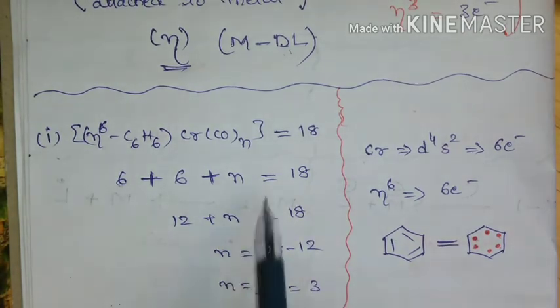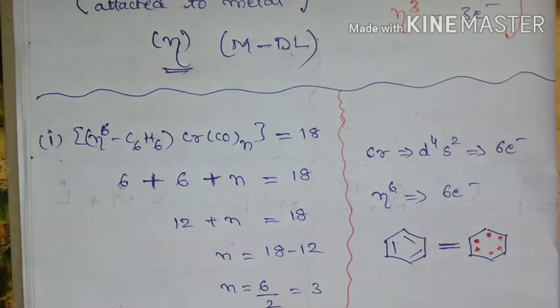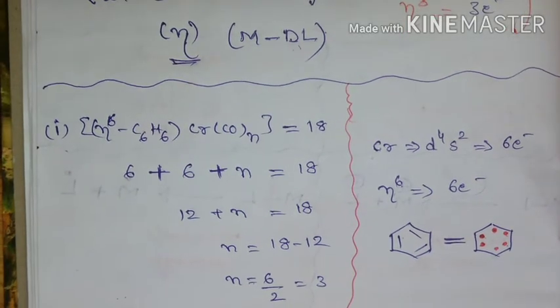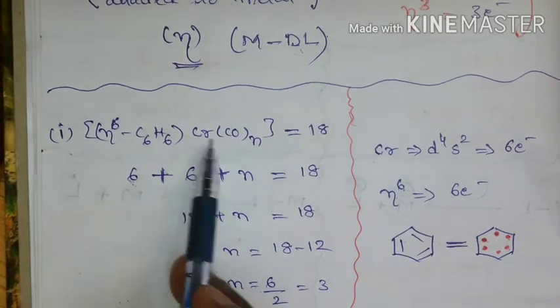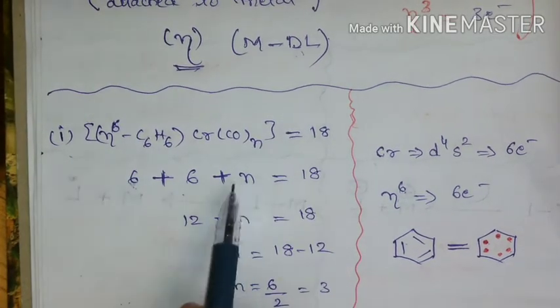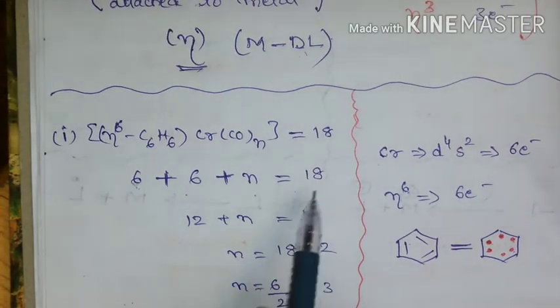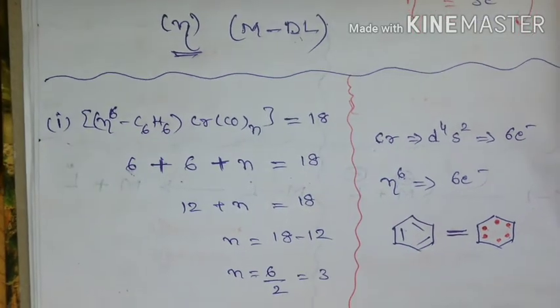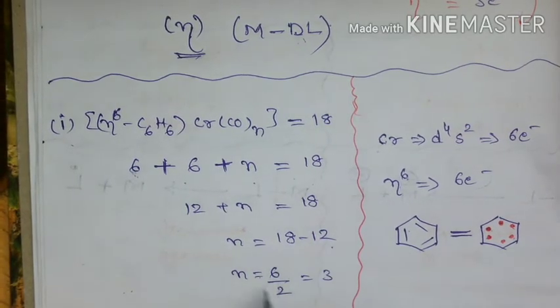Now we will see how we are going to find the number of CO ligands. Eta 6 C6H6 is going to give 6 electrons, chromium is going to give 6 electrons. We need to determine this value, and this complex obeys the 18 electron rule. Now 18 minus 12 gives 6.